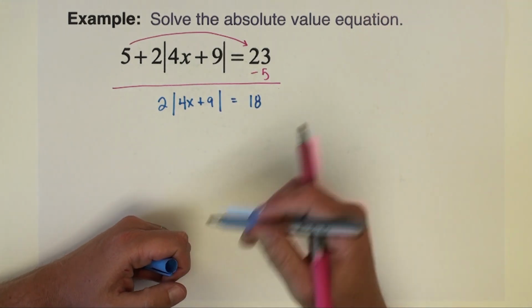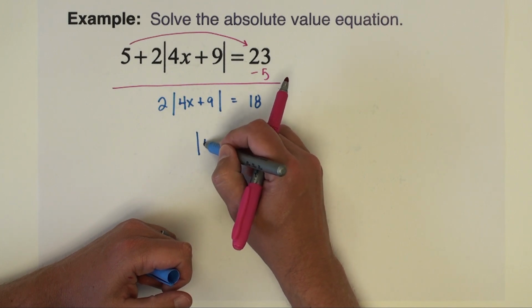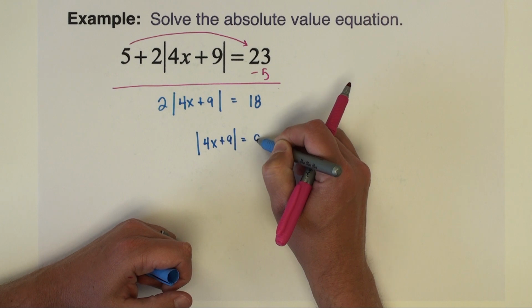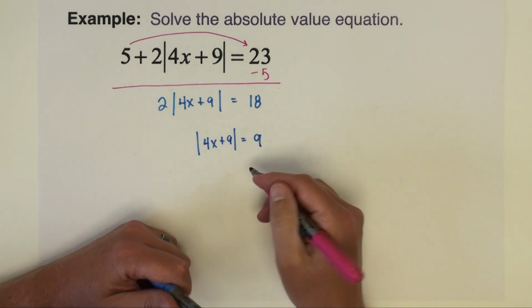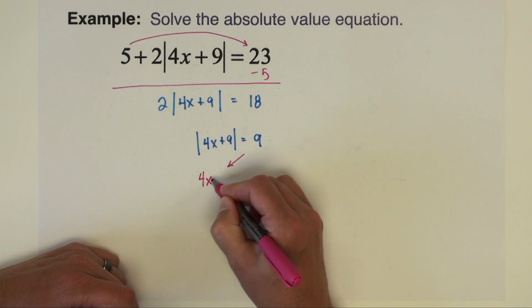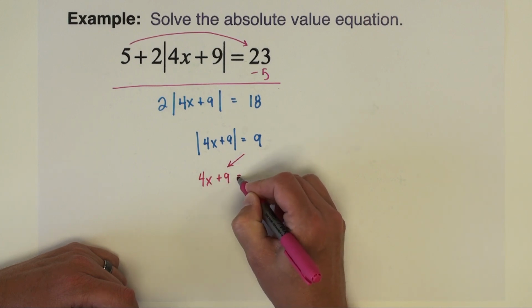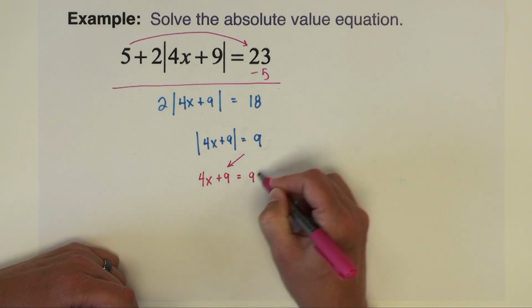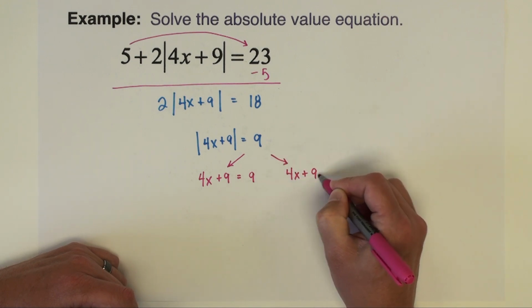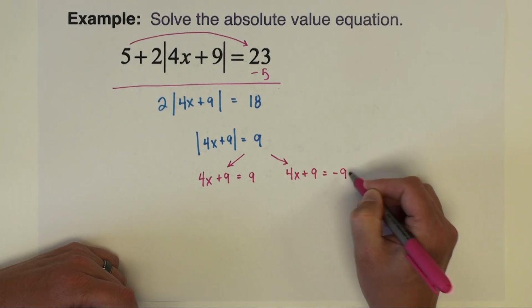Next, we'll divide both sides by 2, giving absolute value 4x plus 9 equals 9. And now we can split this into two equations. We want 4x plus 9 equals 9, and 4x plus 9 equals negative 9.